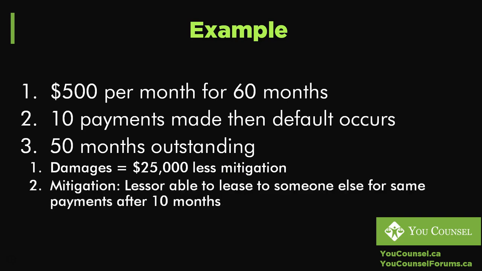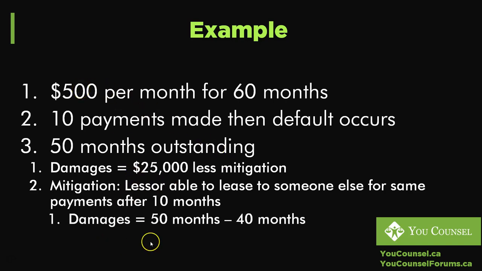So in this situation, let's say that the mitigation occurs after 10 months, right? So the lessor is able to lease to someone else for the same payments, $500 a month, after 10 months. So for 10 months you paid the money, then you were in default, the lessor took it back from you and made efforts to lease it to someone else, and it took the lessor 10 months to lease it to someone else for the same $500 per month.